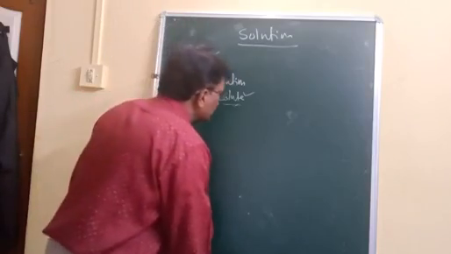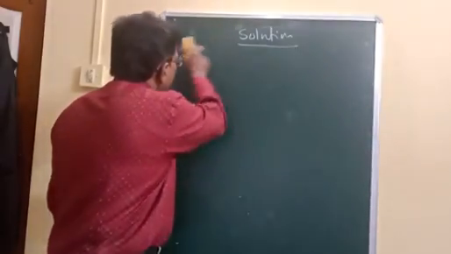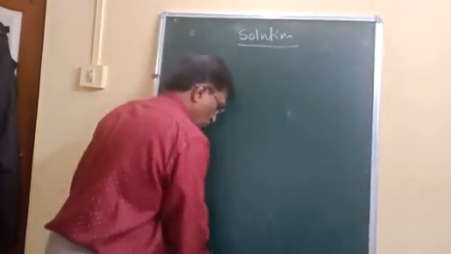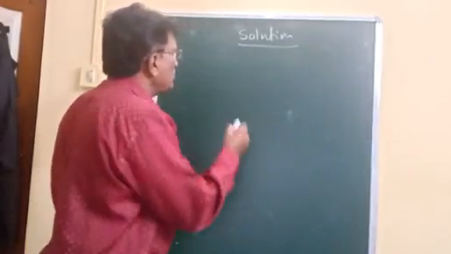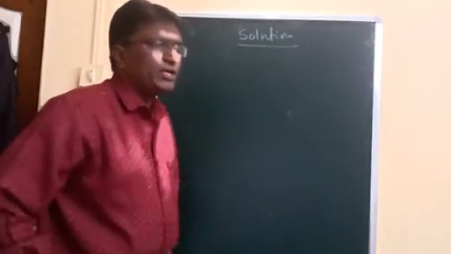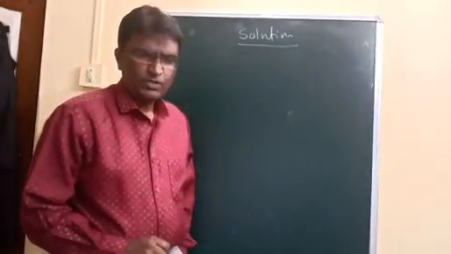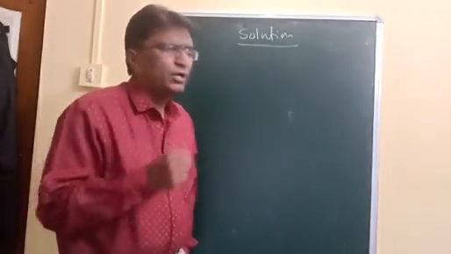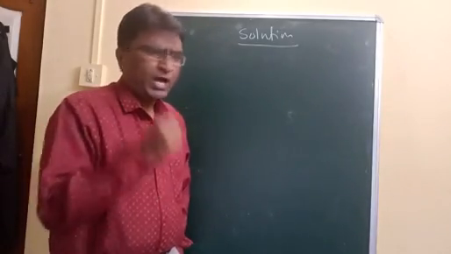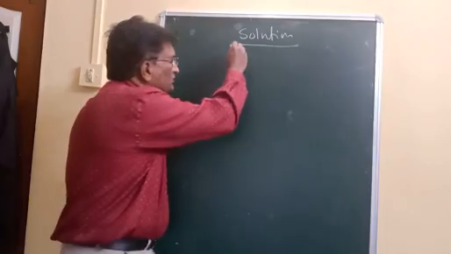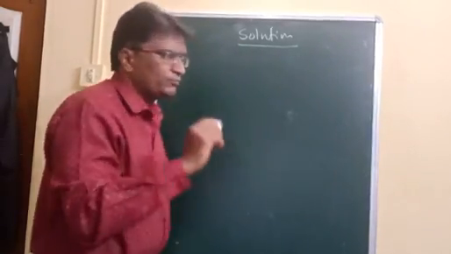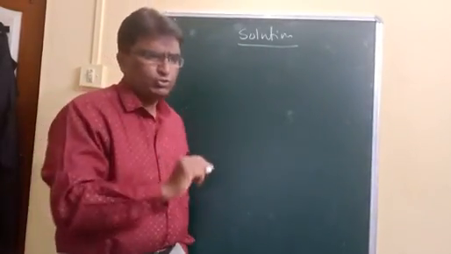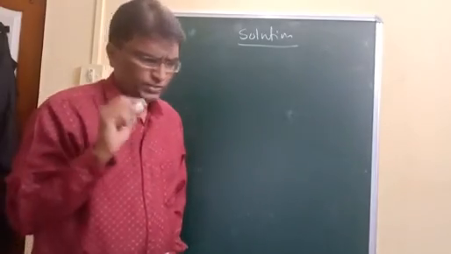Now in this topic we are simply dealing with solution of liquid in liquid, or in general we are concerned with solution of solid in liquid and solution of liquid in liquid.